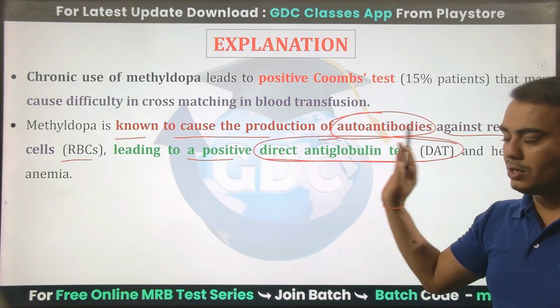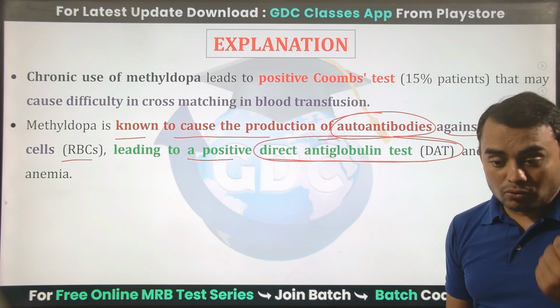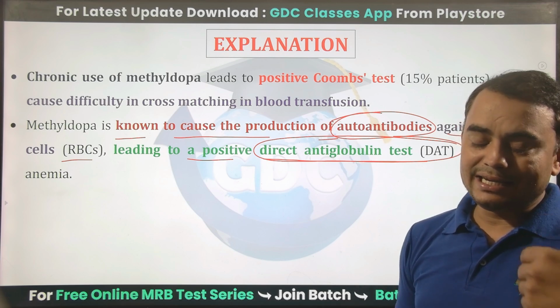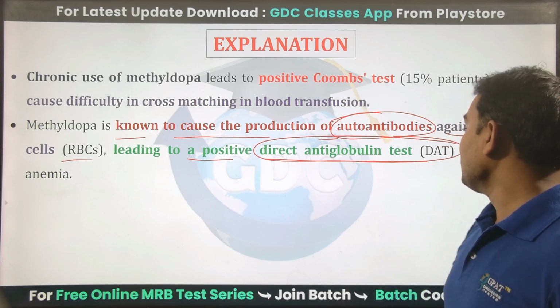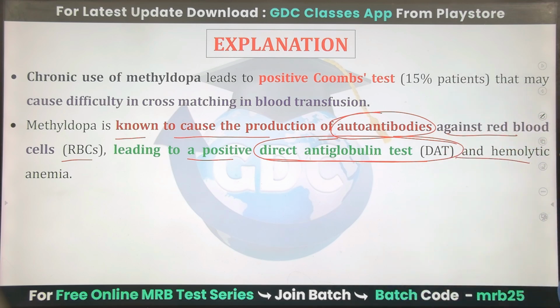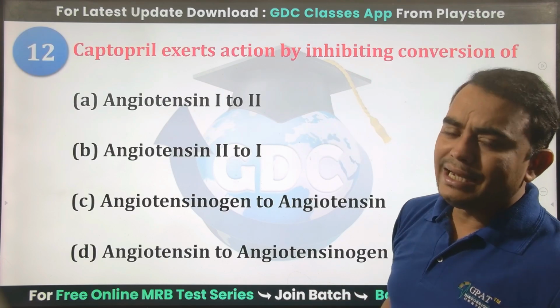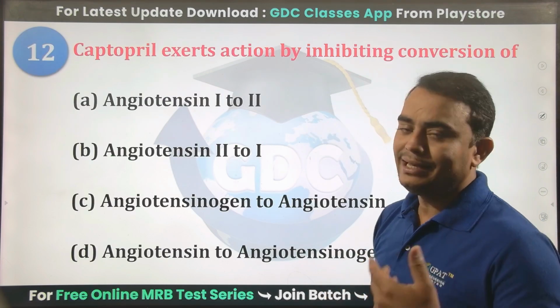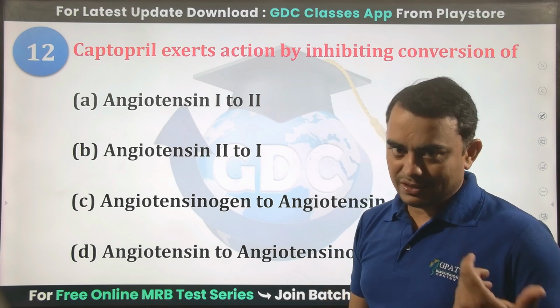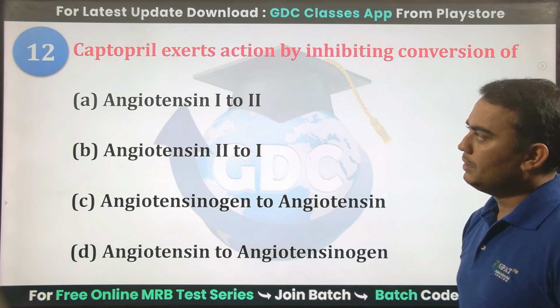Remember this thing, it's already asked. The direct Coombs test, the direct antiglobulin test, is carried out, and hemolytic anemia can be seen there. Around 15% of patients can show the positive Coombs test, and hemolytic anemia can be seen with the patient taking methyldopa.